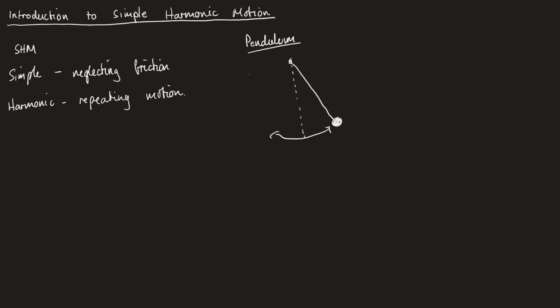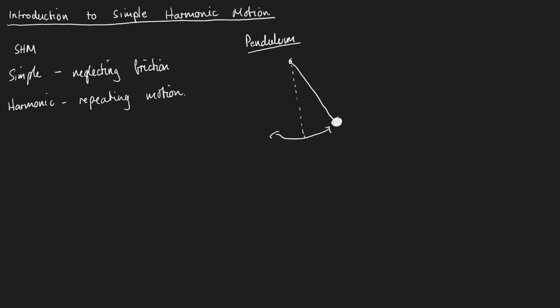If we have no friction on it, then we're always going to get the constant back and forth motion, and hence this would be a harmonic motion. We can refer to this also as a harmonic oscillator, because it is going to oscillate between these two positions. And just like a wave will usually oscillate between two positions, so will this harmonic oscillator.